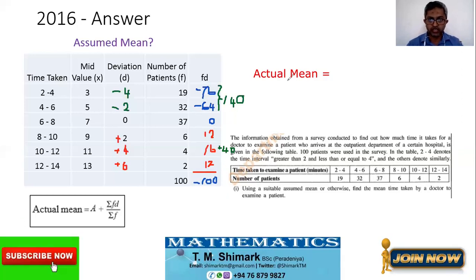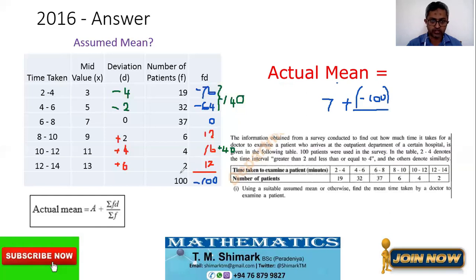So the actual mean is going to be equal to A plus, where A is what we assumed, which is 7 here, plus sigma FD over sigma F. Sigma FD here is minus 100, divided by the addition of frequencies, 100.